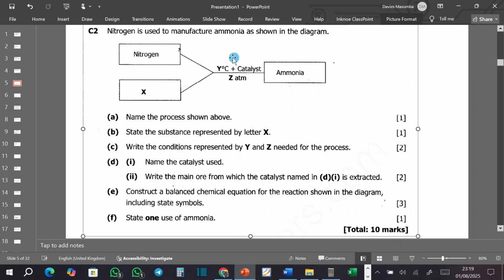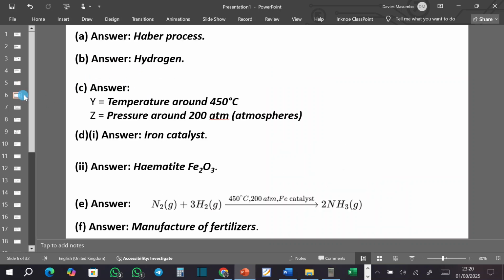These are the conditions necessary for the formation of ammonia from nitrogen and another element X. A says name the process shown above. The process by which ammonia is formed from nitrogen and hydrogen is known as the Haber process. So the answer is Haber process.